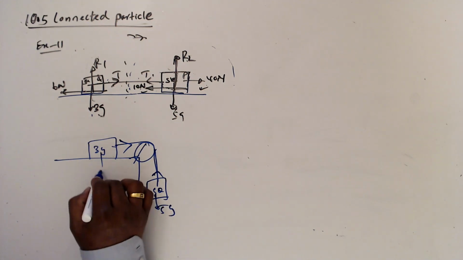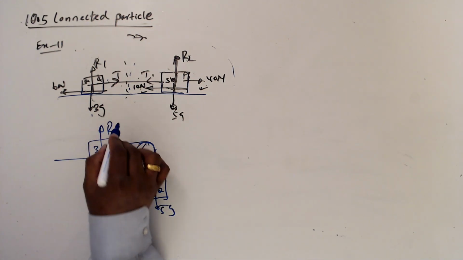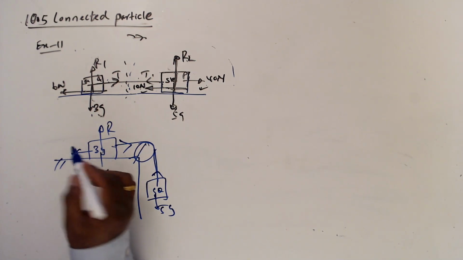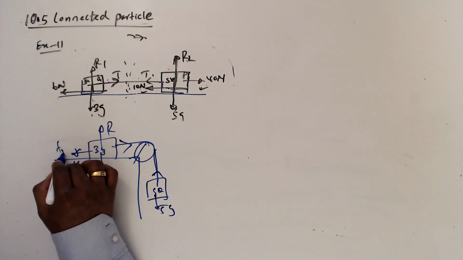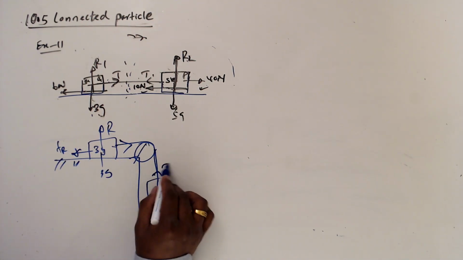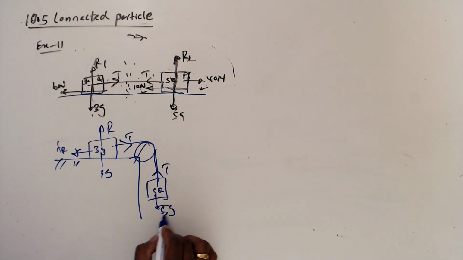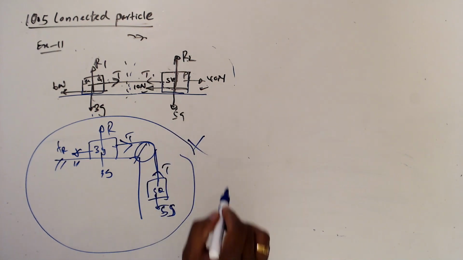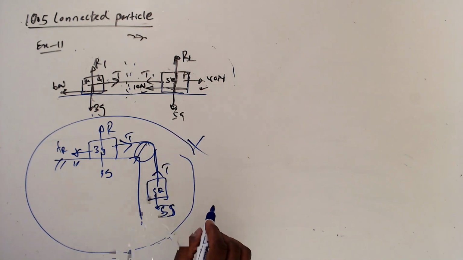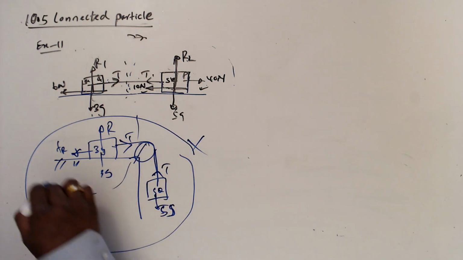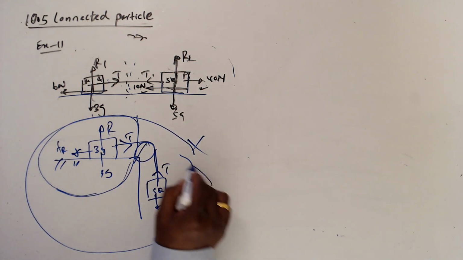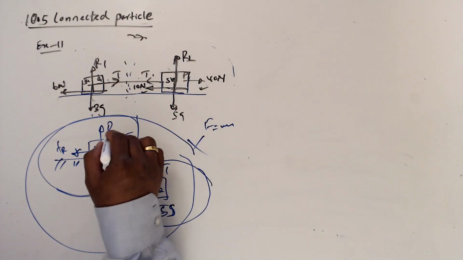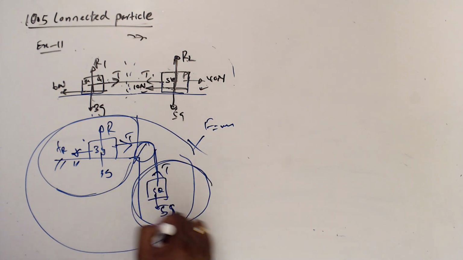This is 5G, this is 3G, and you have R, and if it is a rough surface, you have a friction force FR, and this is tension T and T. This is hanging, this is 5G, and now you can't consider the whole system. Now you have to work separately, this one and this one. So we apply F equals ma to this system and then this system.